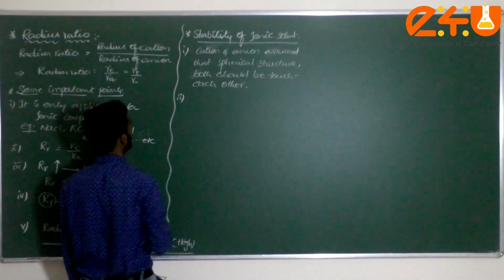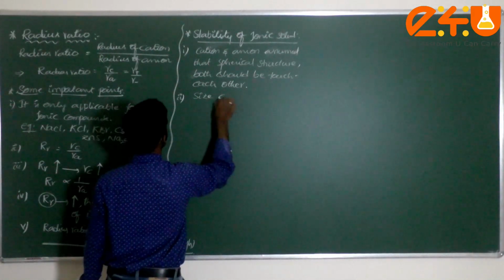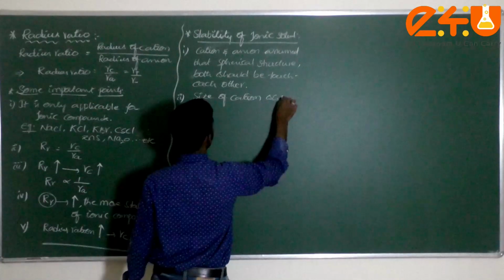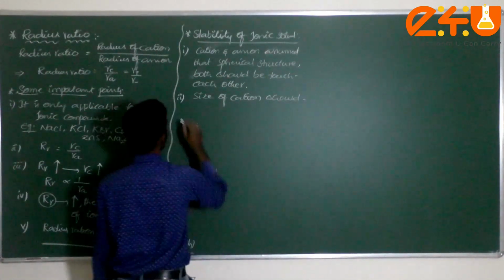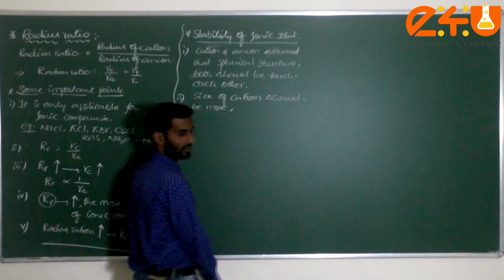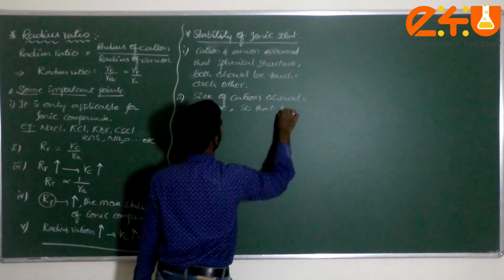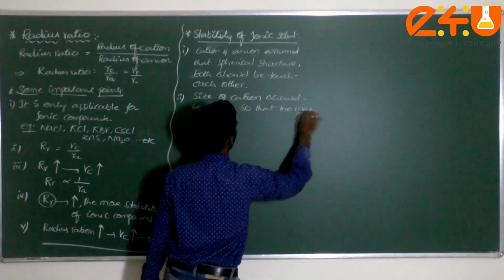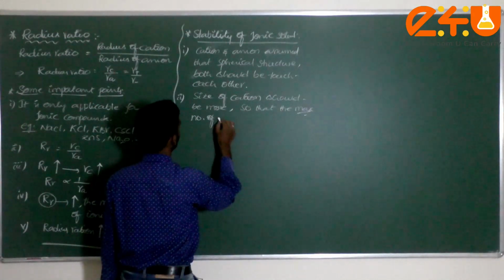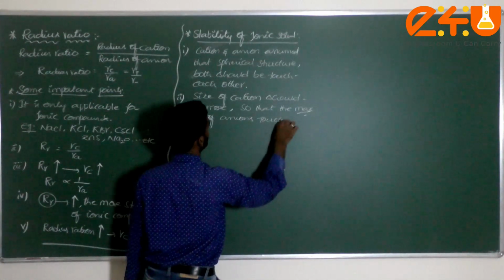Second one: the size of the cation should be more, so that the maximum number of anions can touch it.